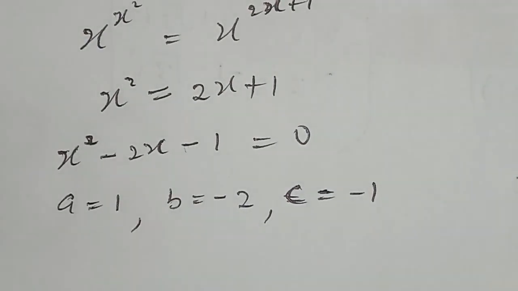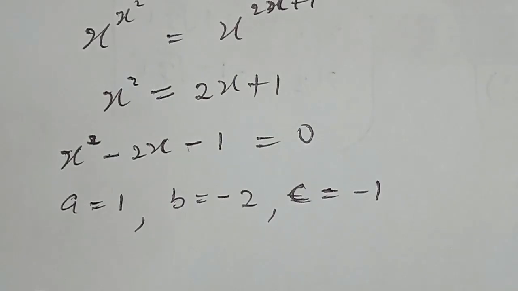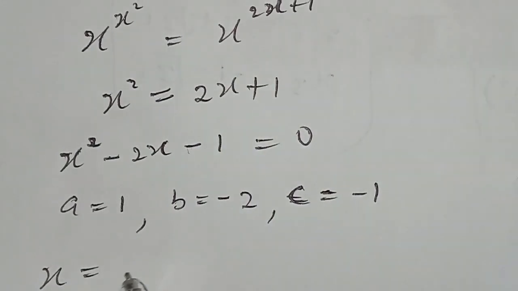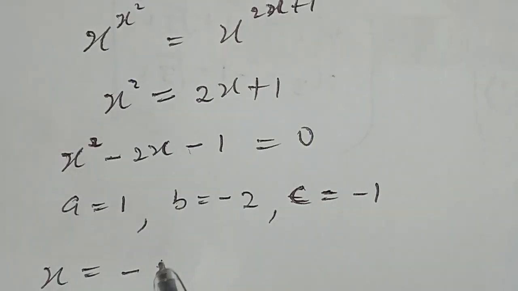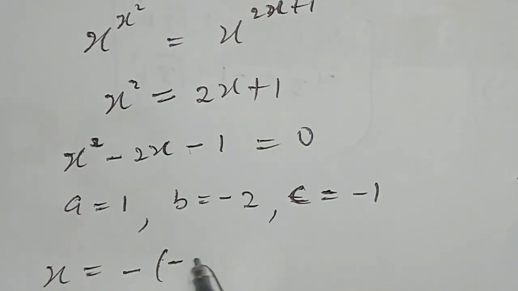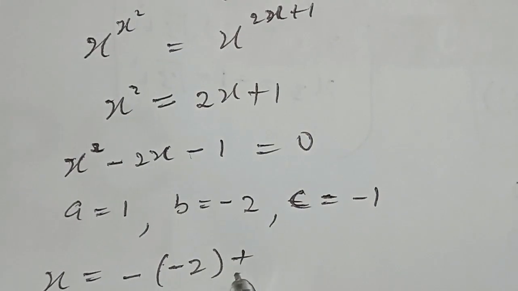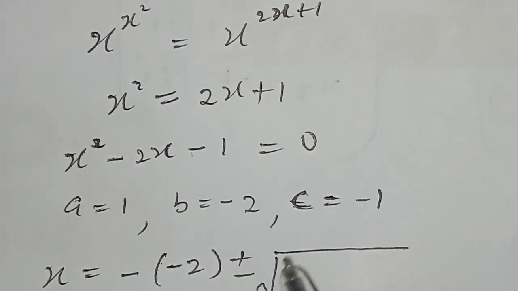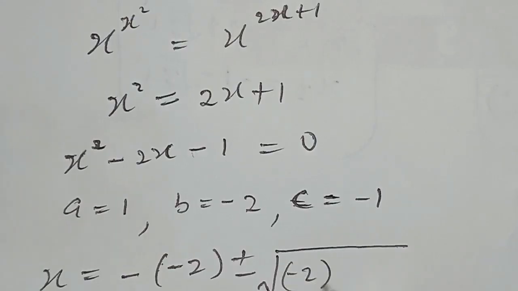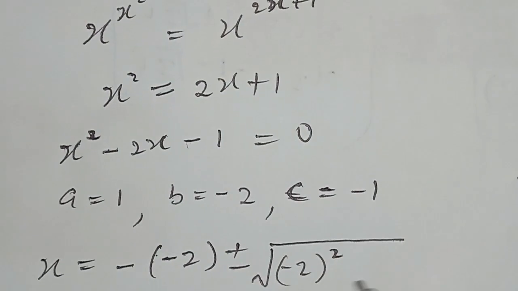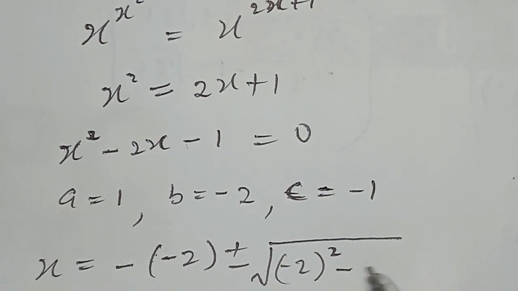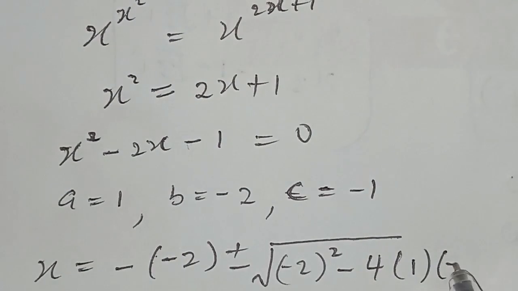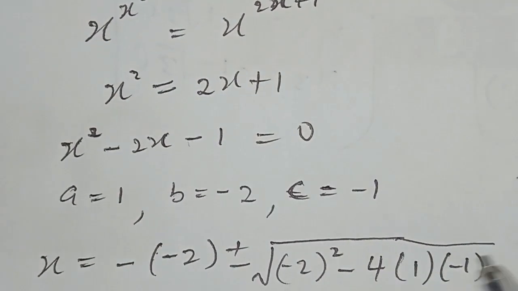Now from here, applying the quadratic formula, we have x equal to minus (minus 2) plus or minus the square root of (minus 2) squared minus 4 multiplied by 1, then multiplied by minus 1.